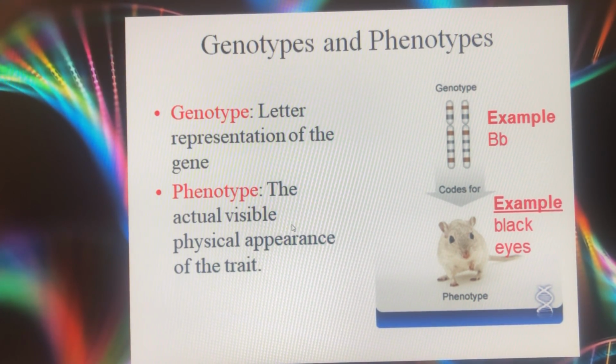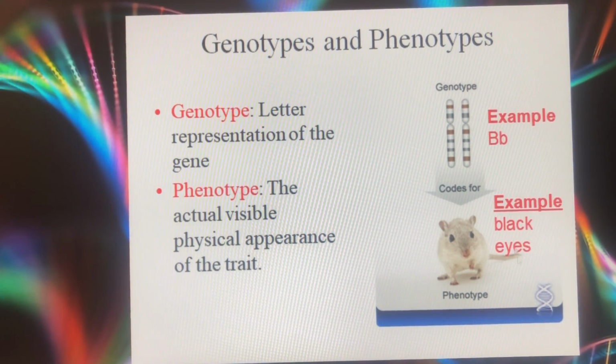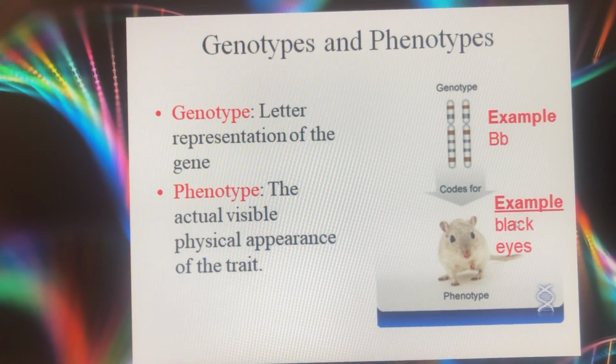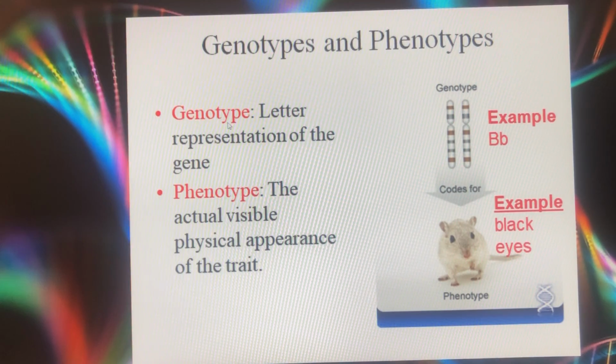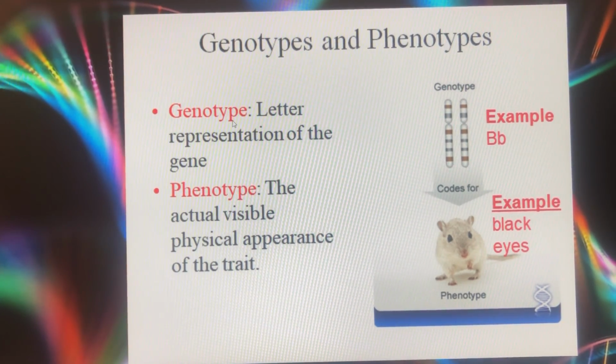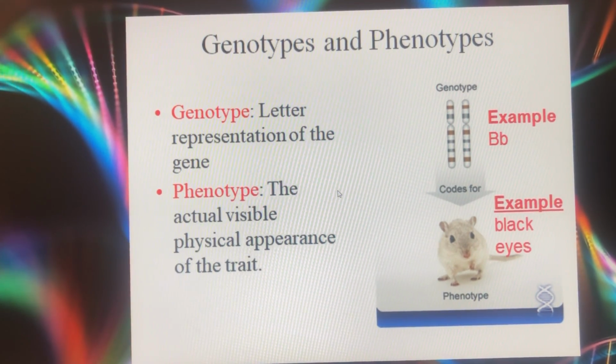It's the actual physical appearance of the trait. So black eyes, the genotype would be big B, little b, could be big B, but the phenotype is what we see. So just remember, genotype is talking about a letter combination representation of the genes, and the phenotype is what we actually see in person.